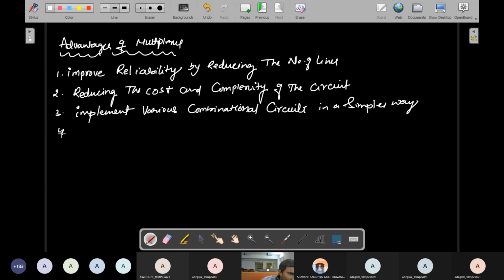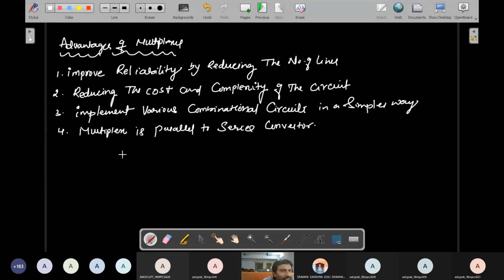And the fourth is multiplexer is a parallel to series converter. Okay, so these are the advantages of multiplexer.